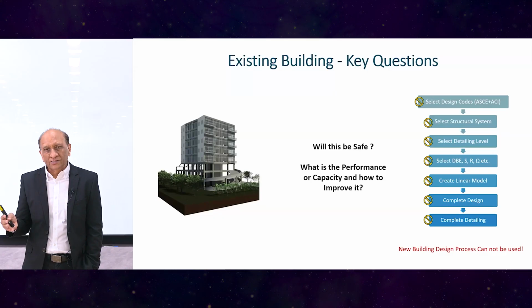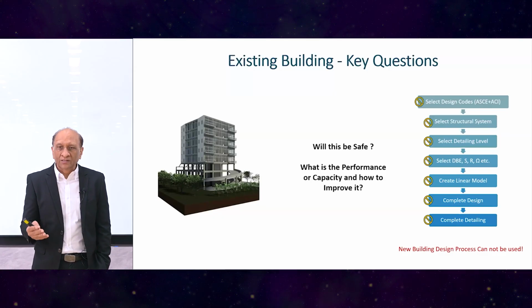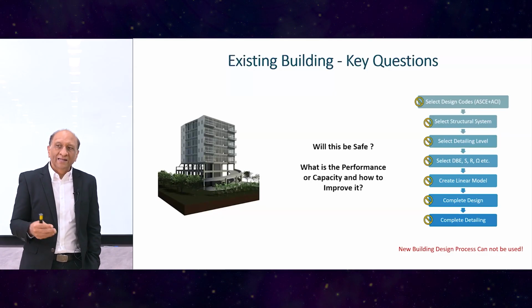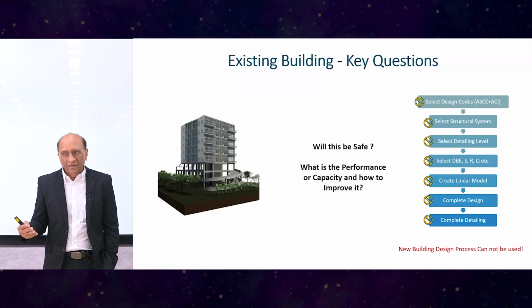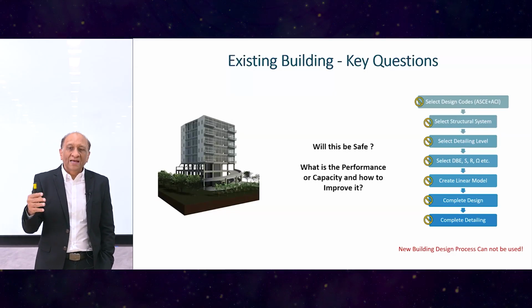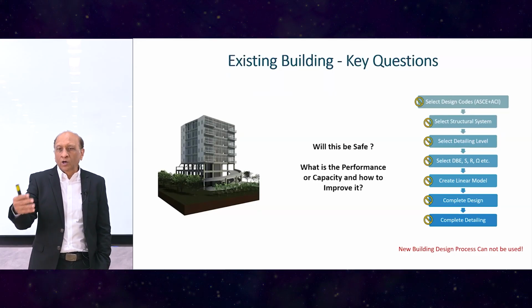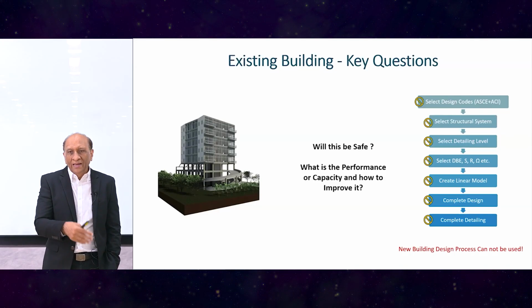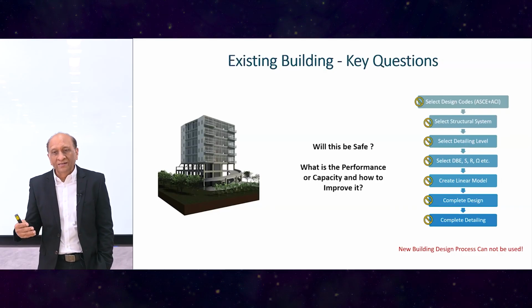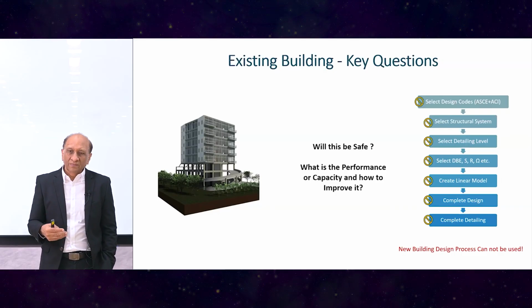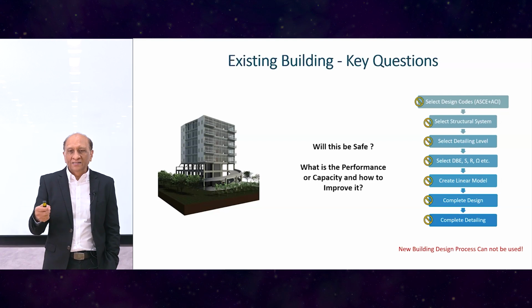We cannot select the structural system anymore. It's already selected. It's already constructed. We cannot select the detailing level. It's already there. We can't change it. We also cannot select R, Ω, and so on arbitrarily, because the actual structure may not be what we want to build. And we also cannot use the linear model in most cases. And we cannot modify the design and detailing anymore.